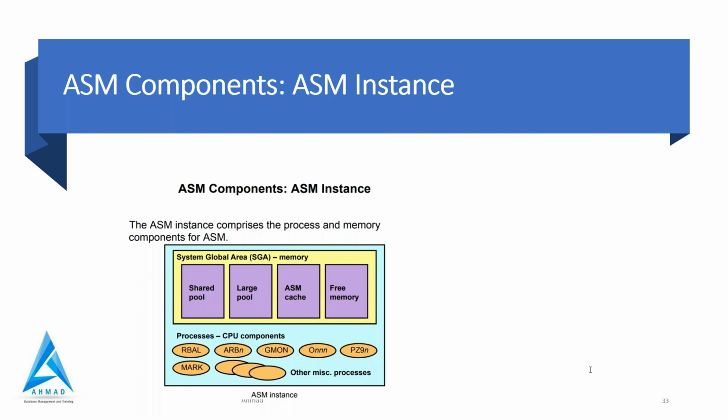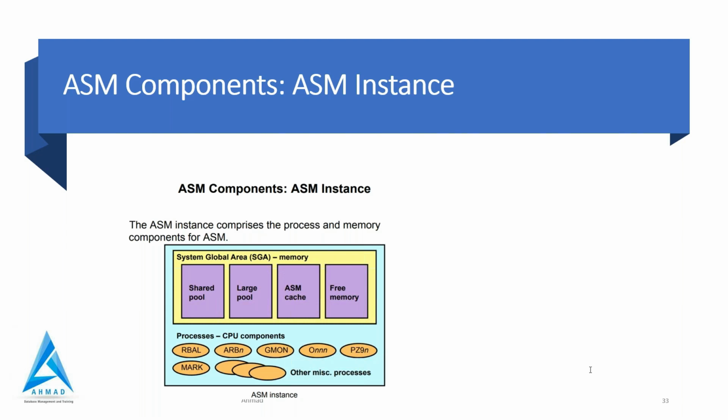Every time ASM or a database is started, SGA, basically shared memory, is allocated and ASM background processes are started. But because ASM performs fewer tasks than a database, the ASM SGA is much smaller than a database SGA. That is the reason ASM is smaller and the database SGA is bigger.